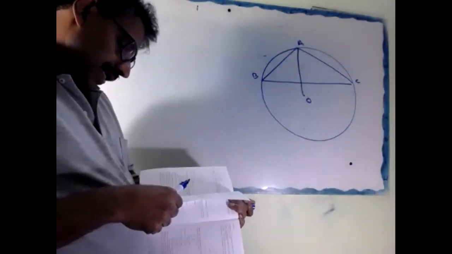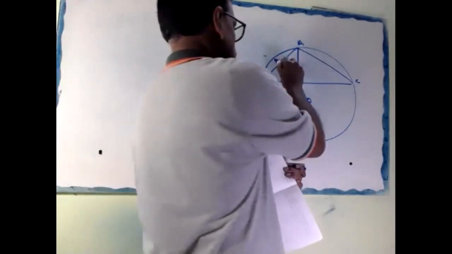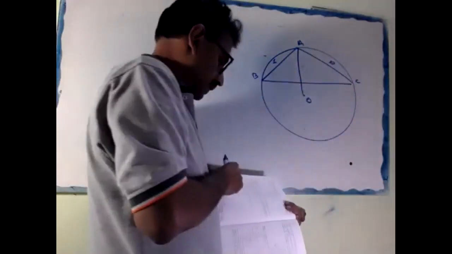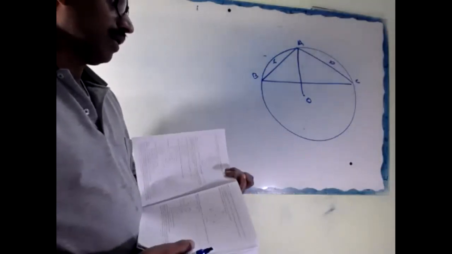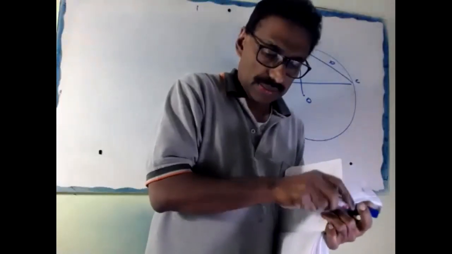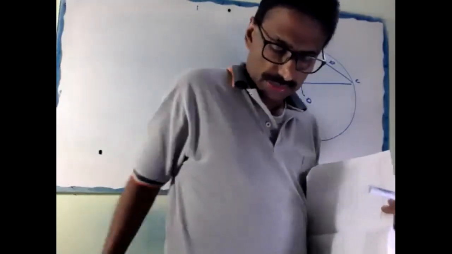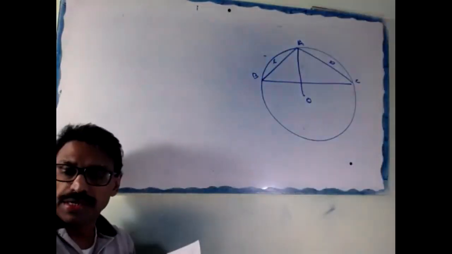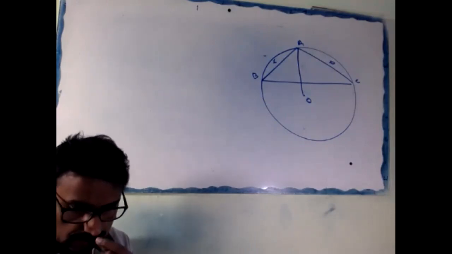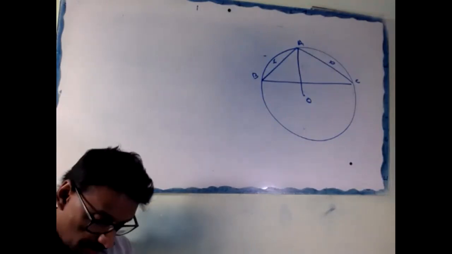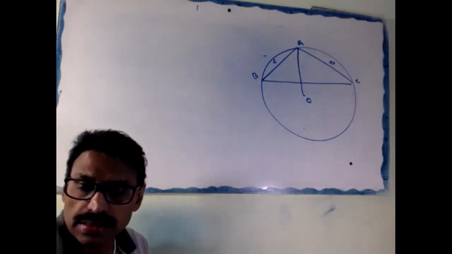AB and AC are 6 centimeter. This is 6, 6. Find the length of the chord BC. Okay. Question clear now?